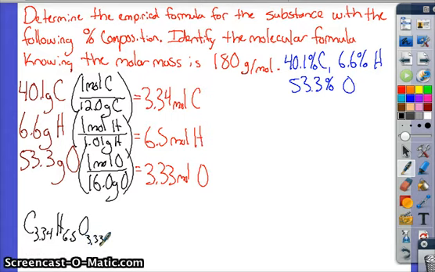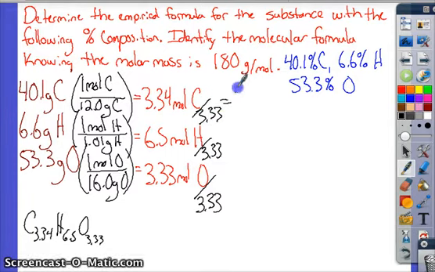3.33. But the problem is all of our subscripts include a decimal, and we know that for subscripts, we have whole numbers of atoms. So what we do to get rid of our decimals and get whole numbers is we take our smallest mole amount, 3.33, and take each mole amount divided by our smallest mole amount, and we get 1.